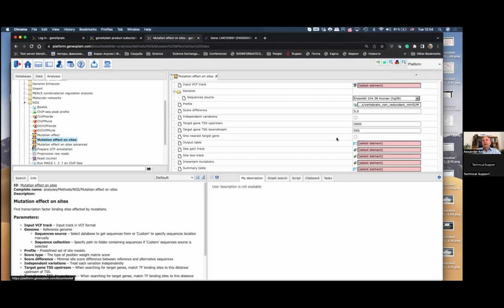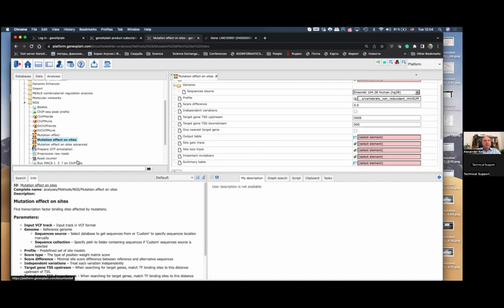And here, the mutation effect on sites is the same. Mutation effect. Sorry, that one is the one I was showing to you. That was another one.